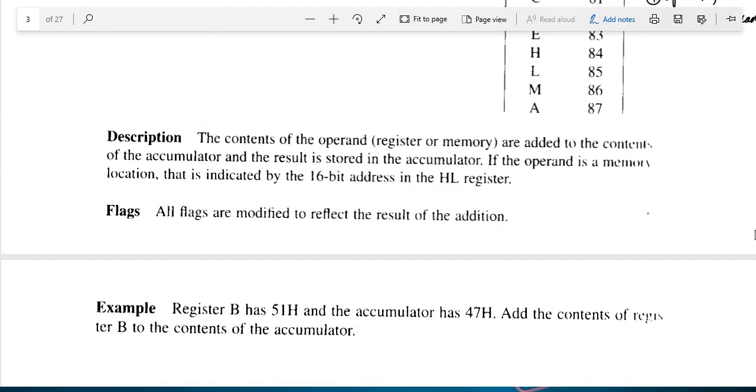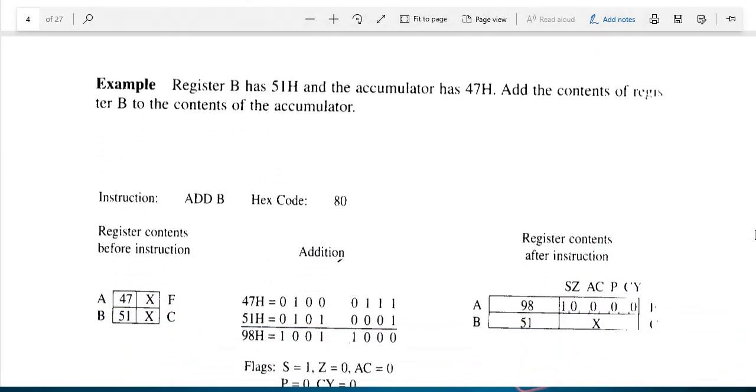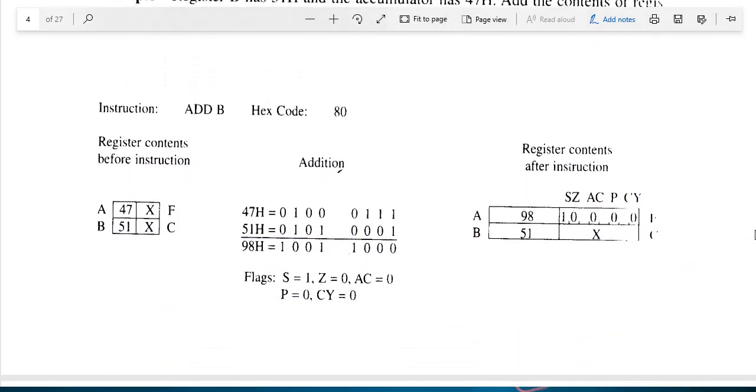Whenever we do addition, for example, here we can see the example. We have data 47 in the accumulator and 51 in the B register. If we add them, we get this result, and whenever we get a result, all the flags are updated.